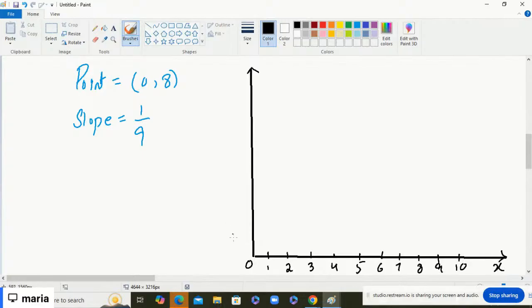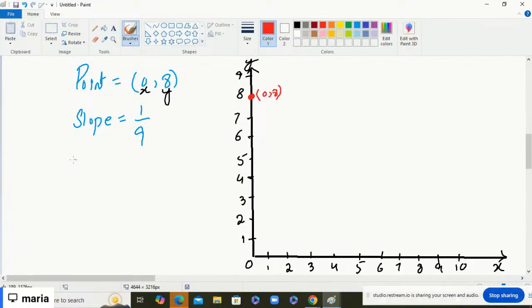This is your x-axis. Now 1, 2, 3, 4, 5, 6, 7, 8, 9. This is your y-axis. The point given is x 0 and y 8. It lies on this point (0, 8), so we put it here.